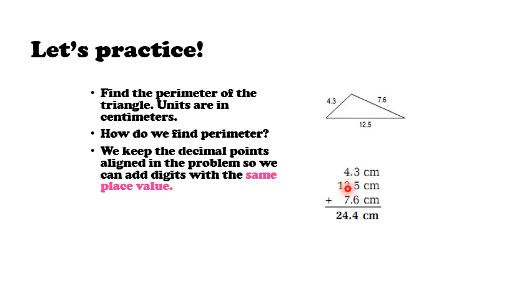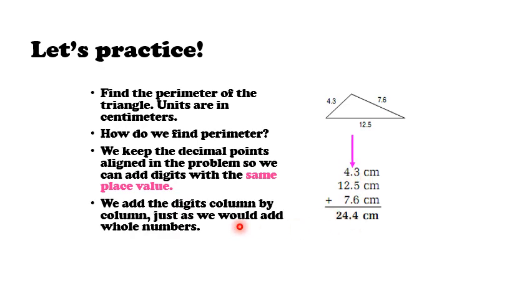5 plus 2 equals 7. 7 plus 7 equals 14. Carry 1 again. 1 plus 1 equals 2. So the answer is 24.4. Because we line up the decimals, I can mark off the decimal in the sum.